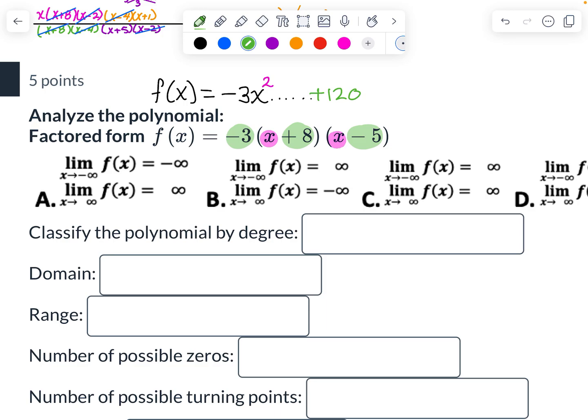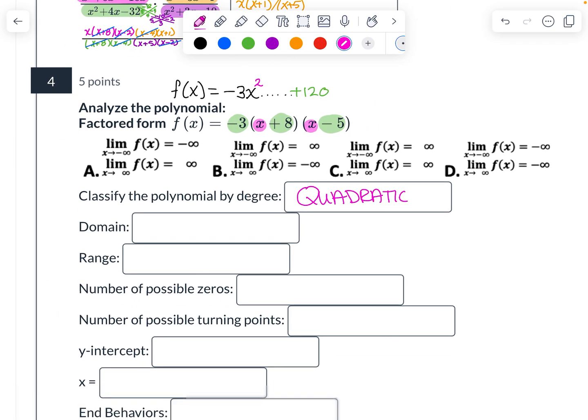Okay, so by the fact that our highest power was 2, this is a quadratic. Which means it will have 2 zeros and 1 change in direction.